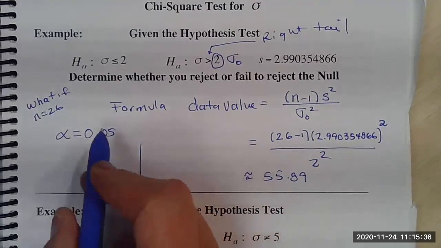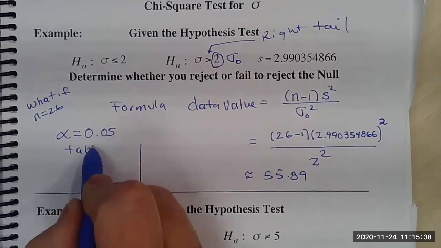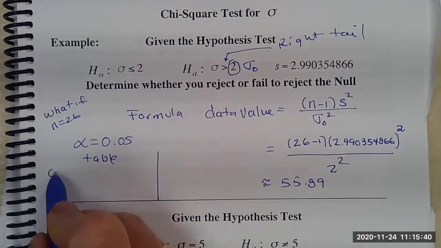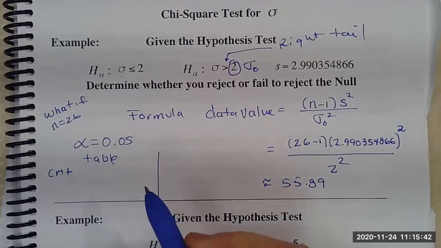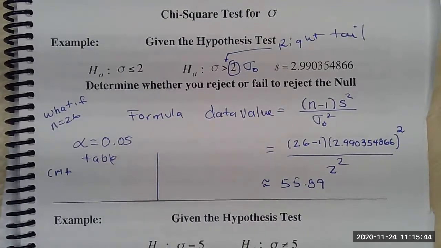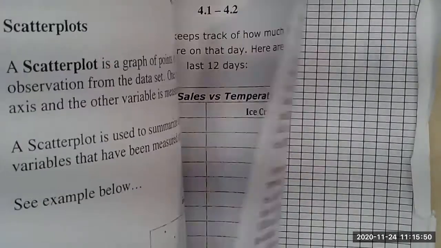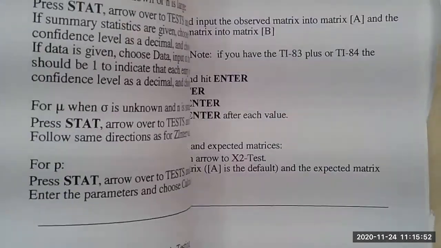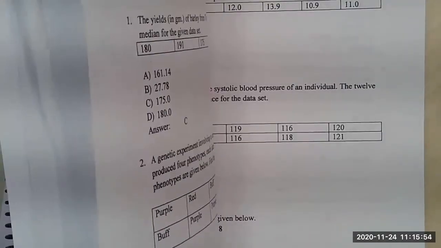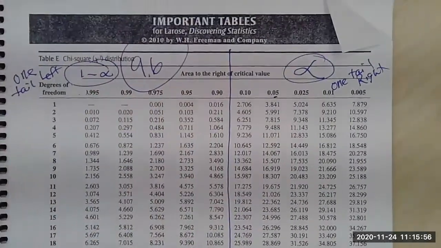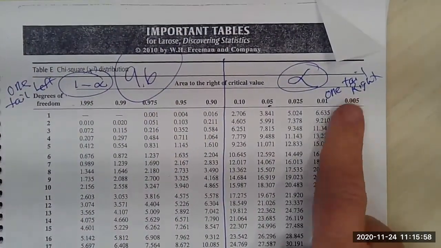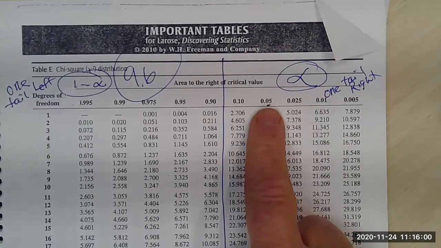I'll do the table first, and we need a critical value. Since it's a right tail, I use my 0.05. My degrees of freedom was 25.